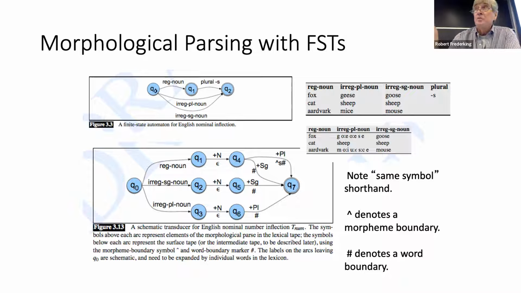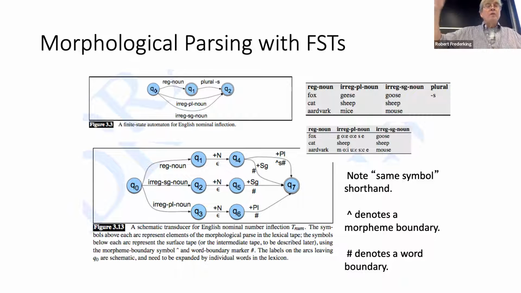There are different formalisms, but very often people use a plus to add the features to the root word. And so you have the root word plus N, and then either singular or plural. If it's plural, in this notation, it makes a caret mark to indicate a morpheme boundary and a hash mark to indicate a word boundary. And so you take the surface form and you can produce multiple alternatives.